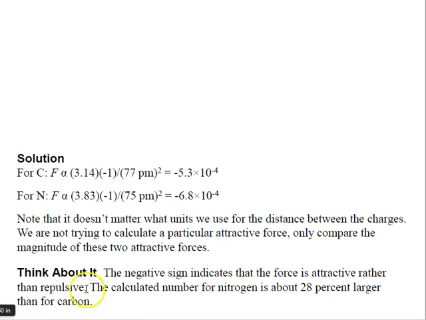So positive would be repelling, negative is attractive. So our number here, the calculated number for nitrogen, is about 28% larger than for carbon. So really here you would just be given the values and then plug in the relationships and compare which is larger and smaller.